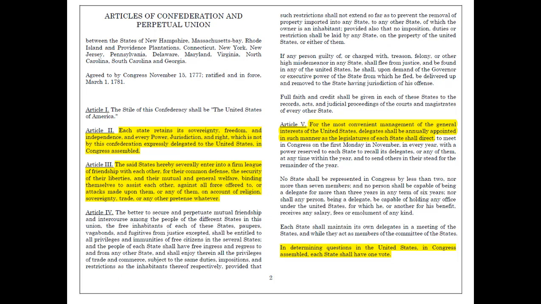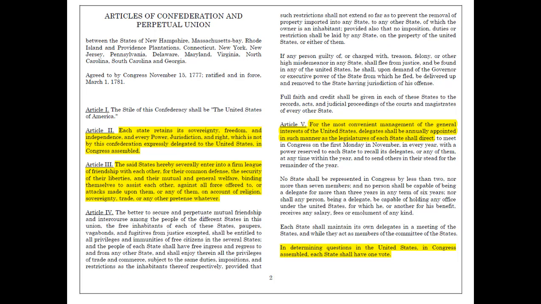So really what we have here is a kind of national security alliance, not that different than, say, NATO, the way all the NATO nations get together. And yes, they make a solemn commitment to come to each other's defense when attacked externally. They make virtually no concessions over their internal sovereignty, and that's very much the conception of the Continental Congress or the Articles of Confederation. It is not a national government. It is merely a firm league of friendship.